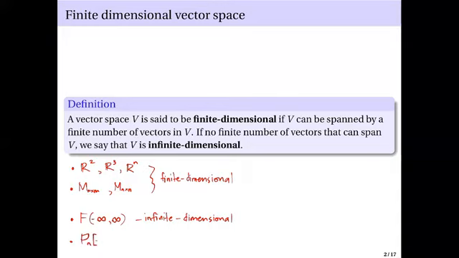This is denoted like this. This is finite dimensional. These finite dimensional spaces, we've seen that each of them can be spanned by a finite number of vectors.